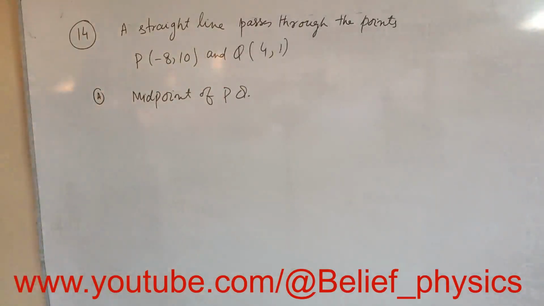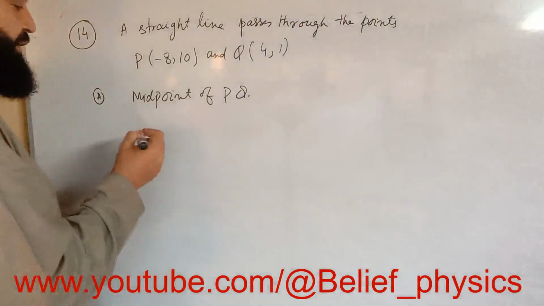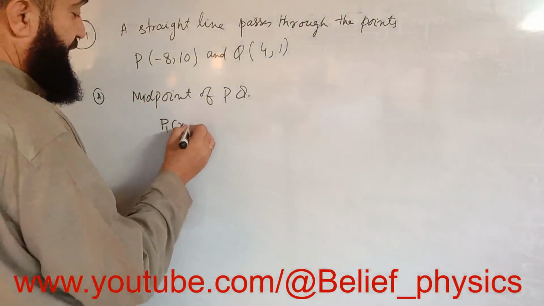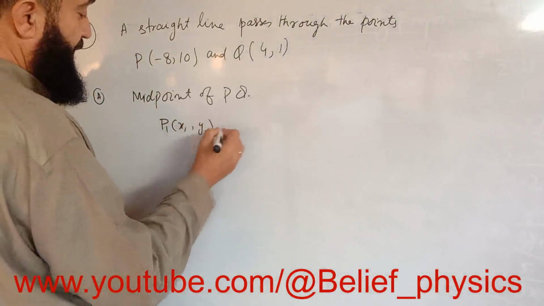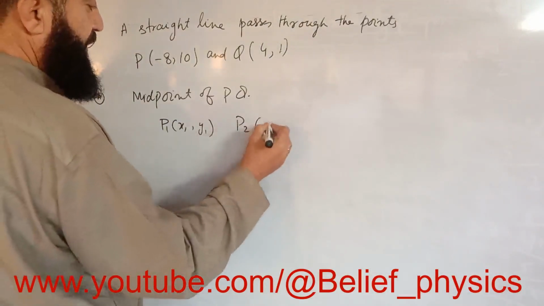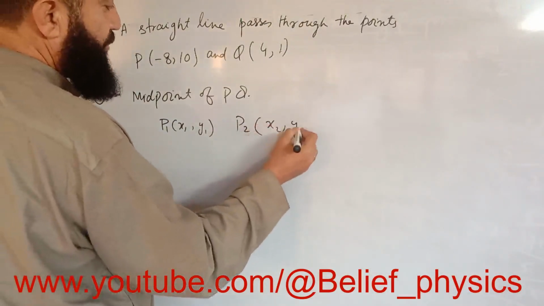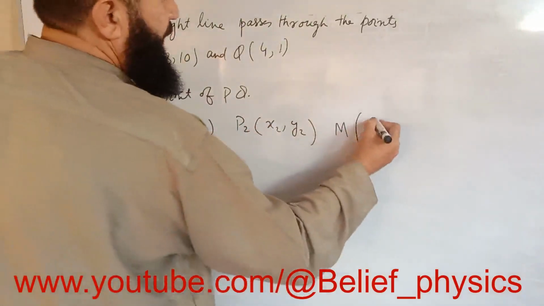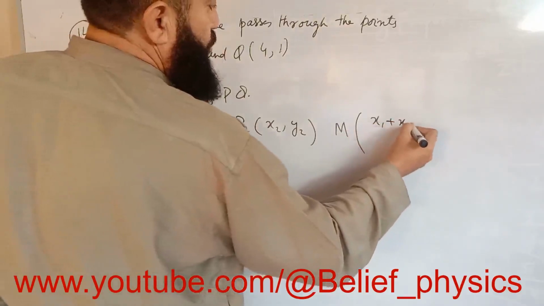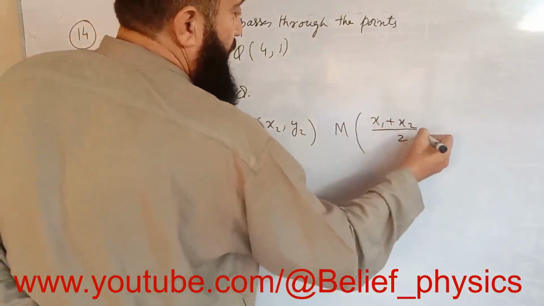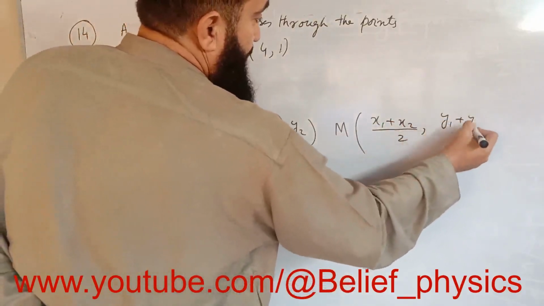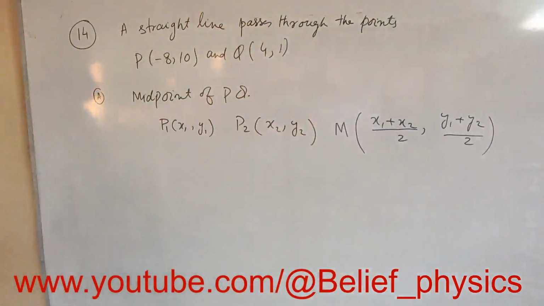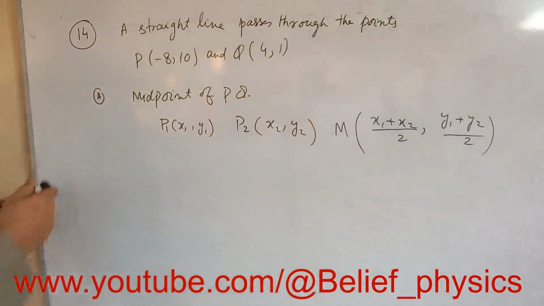How to find? We have the formula for midpoint: if we have 2 points P1 as X1, comma Y1 and P2 as X2, comma Y2, then midpoint is given as X1 plus X2 divided by 2, comma Y1 plus Y2 divided by 2. So we have to find the midpoint of PQ.